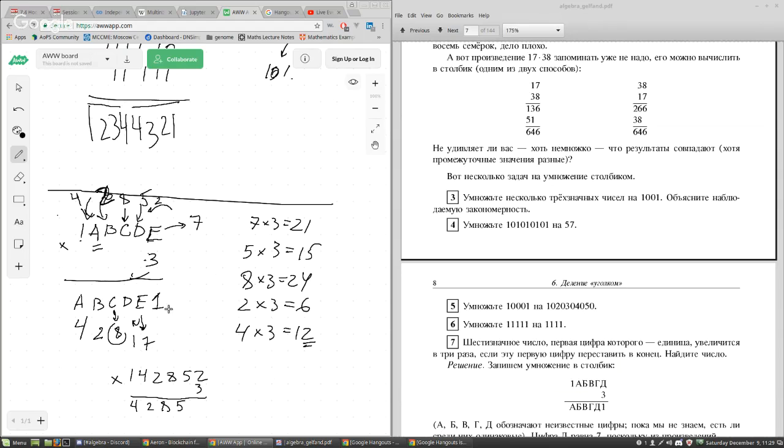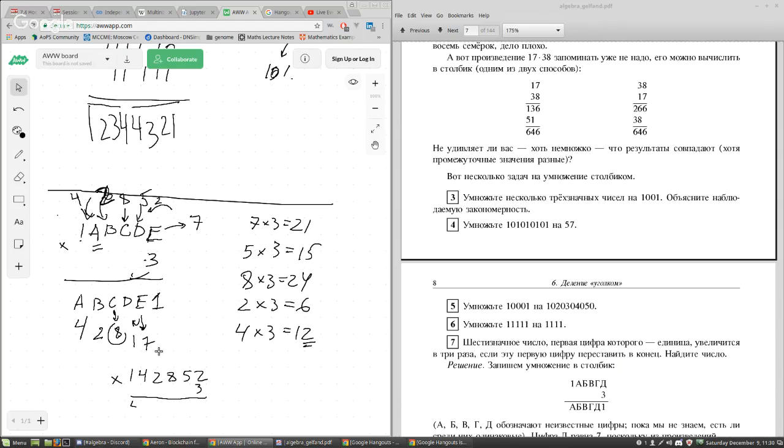A, B, C, D, E, which was 7, and then 1 at the end. So the ones are reversed, and the other numbers go in the right order. I hope this makes sense. Actually, we missed a 2 here. D here is our 2.